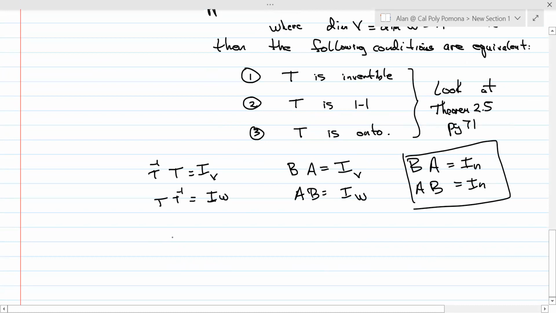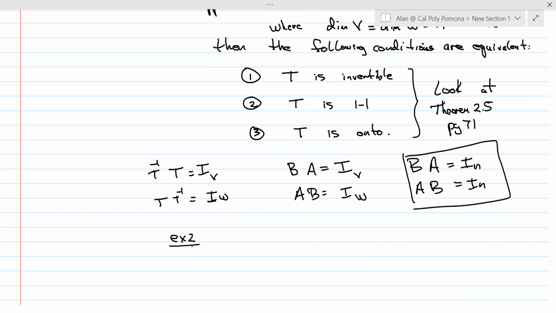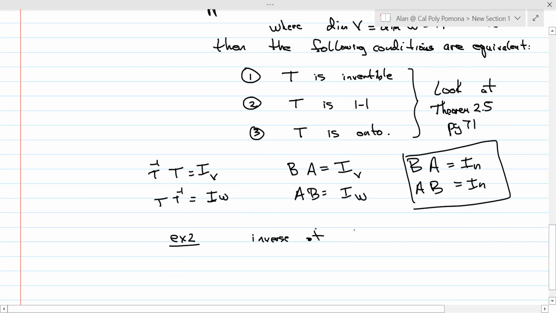Look at example 2. In example 2, they say the reader should verify that the inverse of the matrix with rows 5, 7 and 2, 3 is the matrix with rows 3, minus 7 and minus 2, 5.